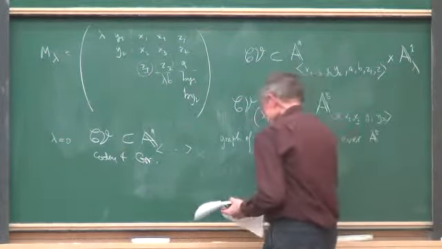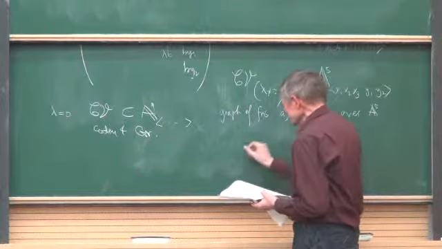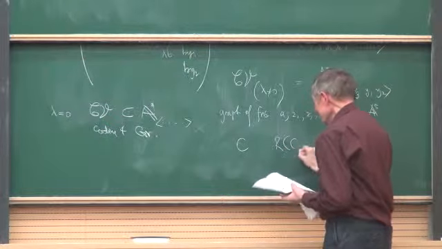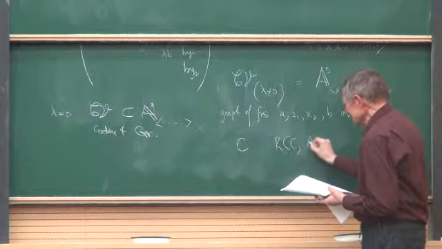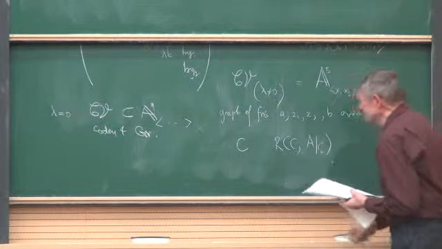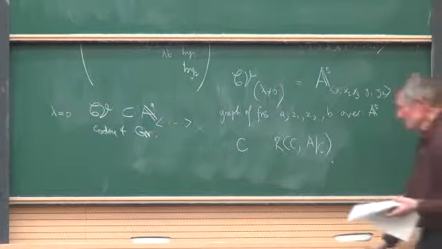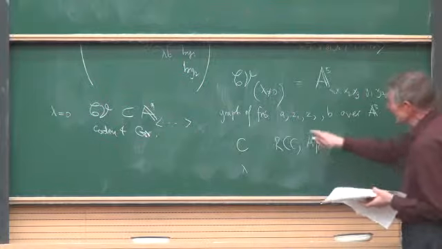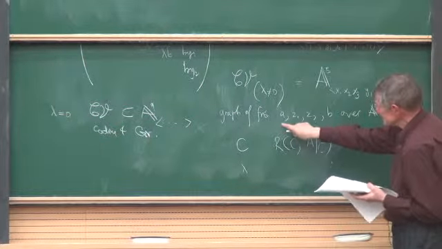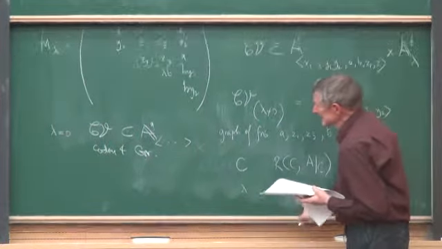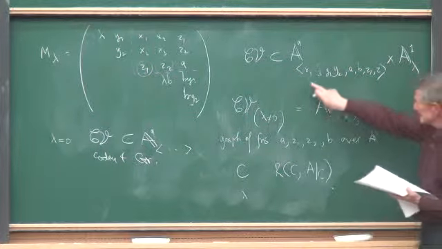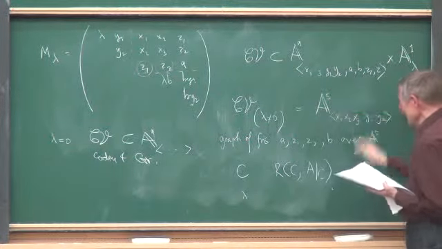So I started off with this curve C, and the ring of C, and the canonical class of the surface A restricted to C. Right, and when lambda, so here, in addition to the equations defining the key variety, I still have x1, x2, x3.